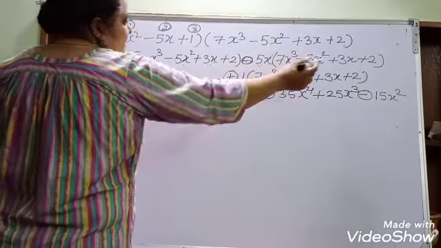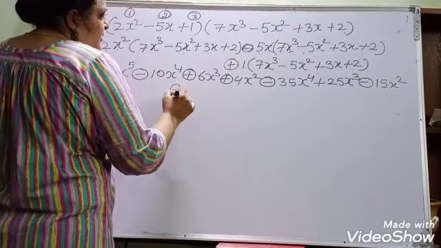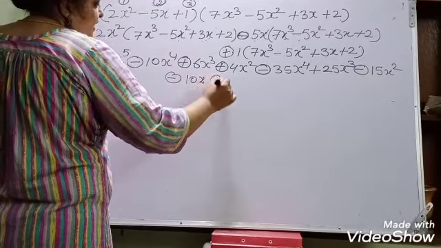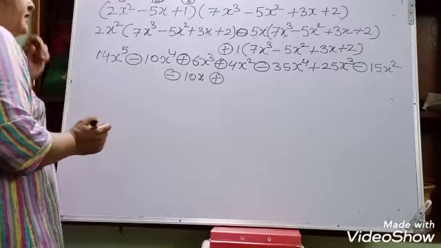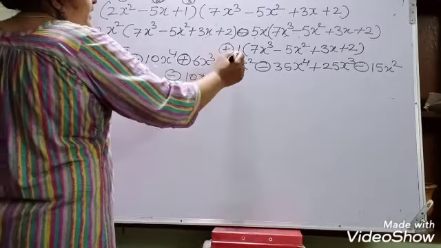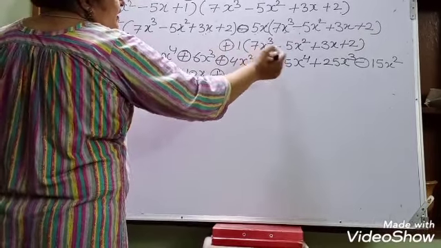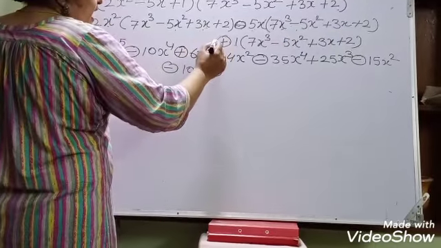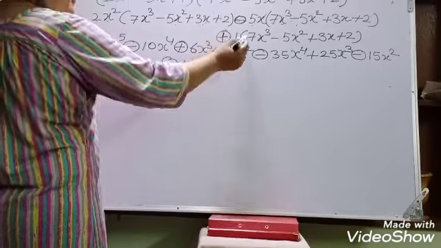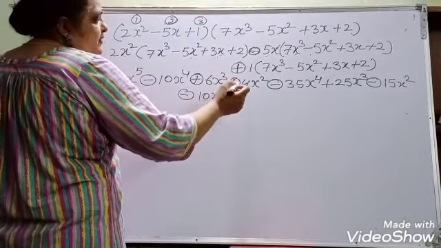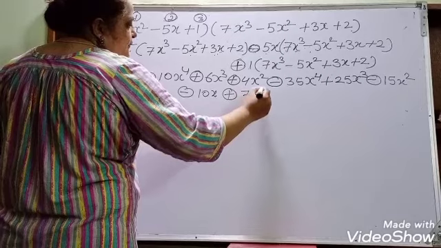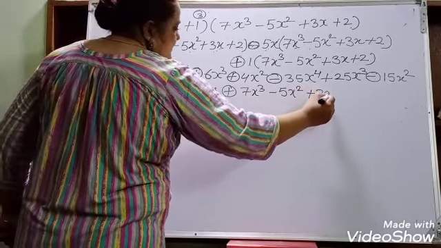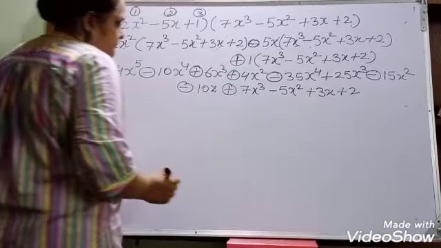Then plus minus 5 2s are 10x. Then plus 1. Since we know that 1 7s are 7 and 1 2s are 2, so 1 into this entire bracket will be the same bracket. We have to write the same terms as they are, and there is a positive sign in front of the bracket, so we will not change any of the signs. Minus 5x square plus 3x plus 2.